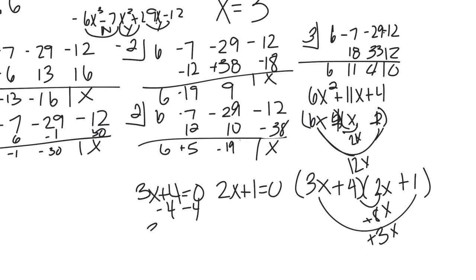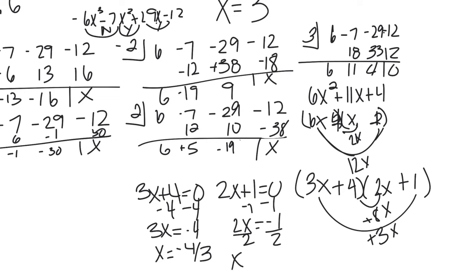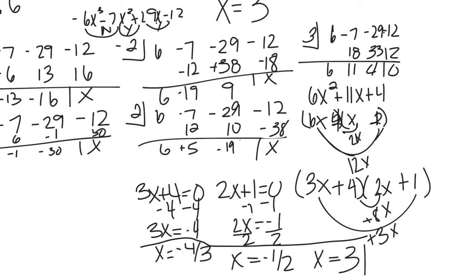Subtract your 4. 3x equals negative 4. x is negative 4/3. Minus 1, 2x equals negative 1, and x is negative 1/2. And then what was the other one we found? x is equal to 3. So these are our 3 solutions.